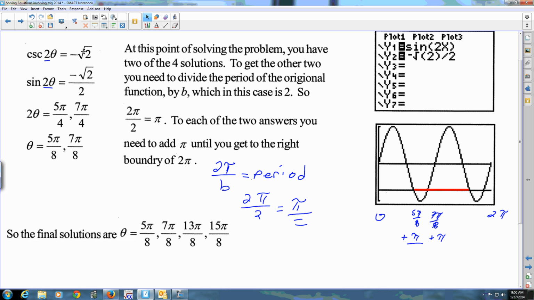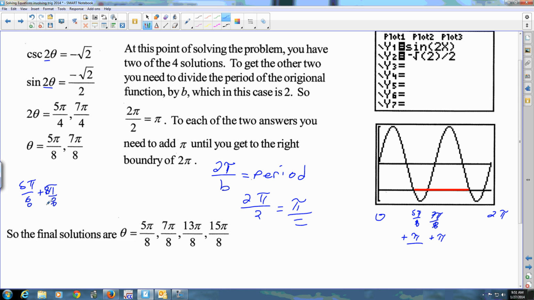So how do you do that? Well, you need to get a common denominator. I've got 5 pi over 8, and I'm going to add pi to it. The common denominator is 8, so 8 pi over 8 is still worth pi.